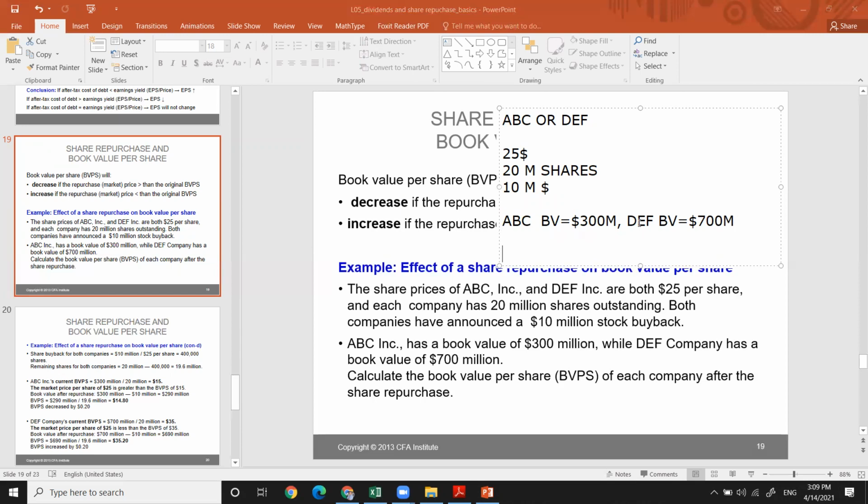First of all, let us calculate the book value per share before the repurchase. In order to calculate book value per share before, or as they call it, original, it is just straightforward: book value over number of shares. So book value was $300 million divided by number of shares outstanding, which was 20 million for both companies.